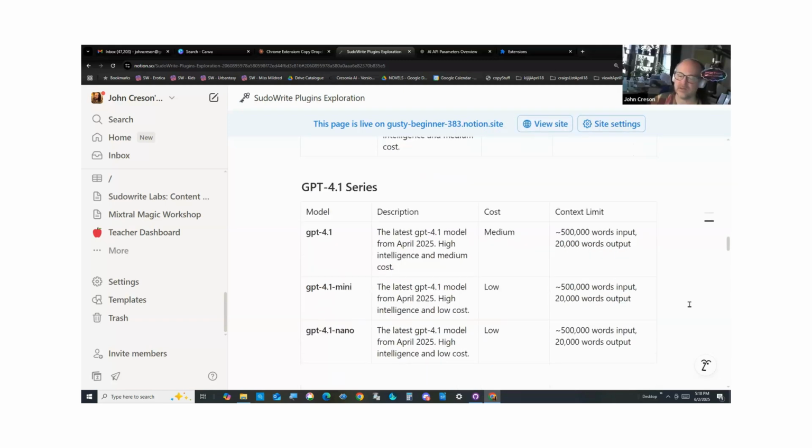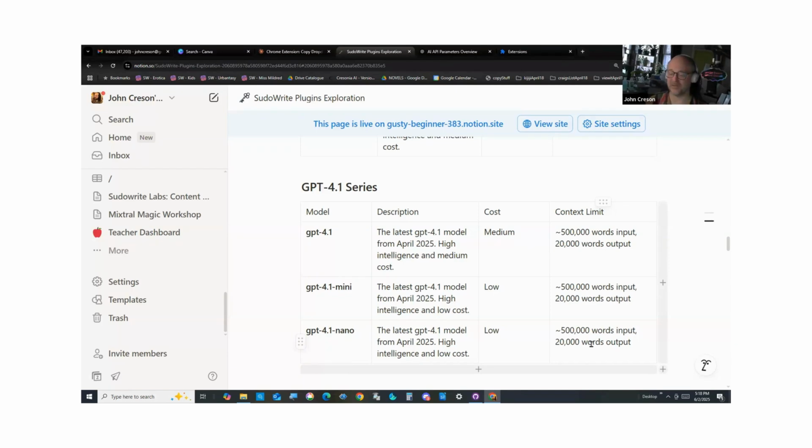The amazing one is GPT-4.1, which has a half a million word input, and it also has it for GPT-4.1 Nano, 500,000 word input. So you can look at an entire book or an entire series of books. You can look at 26 books or so.